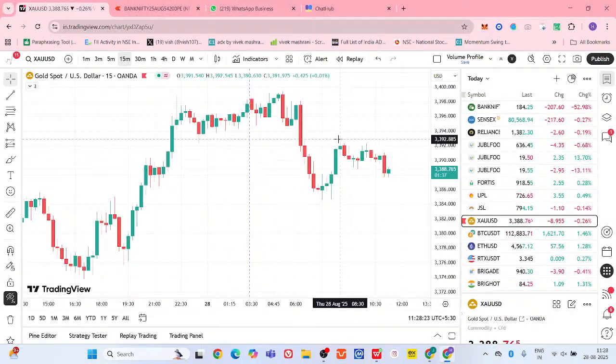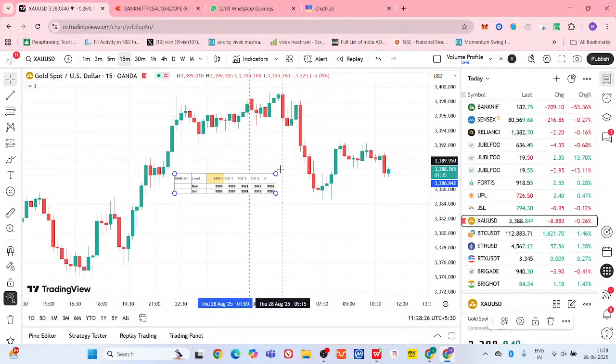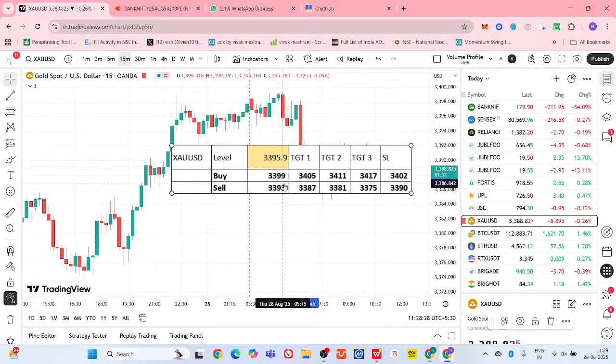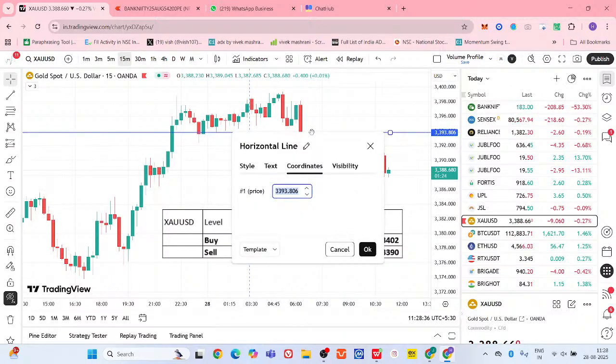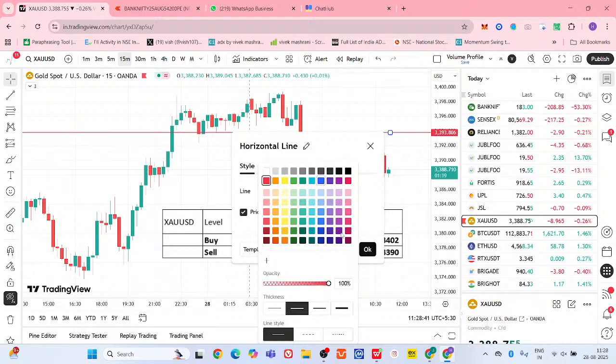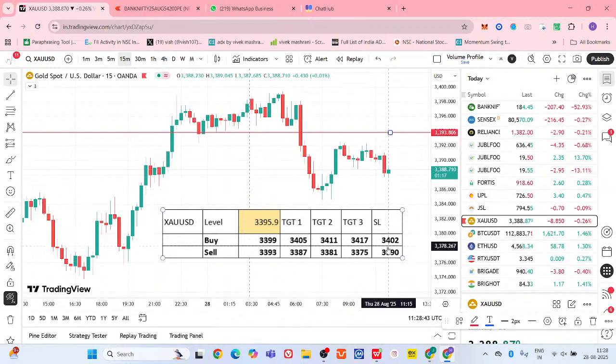Now let's see. This is gold target 93 below short. And what's the final target? 3375.